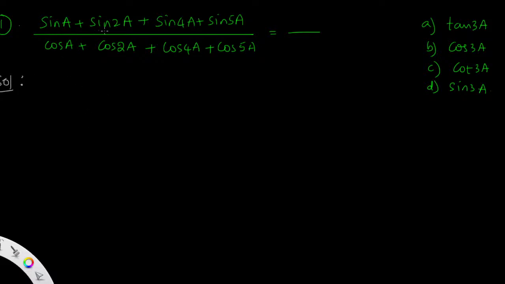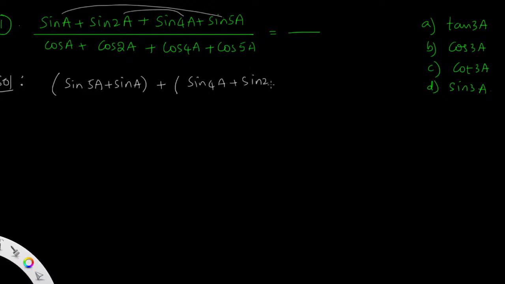Okay, so I am grouping sin A and sin 5A, and sin 4A and sin 2A. That is sin 5A plus sin A, and the second one, sin 4A plus sin 2A, regrouping the question.